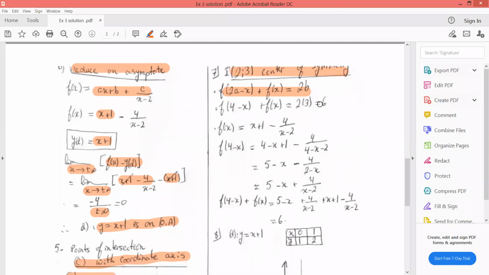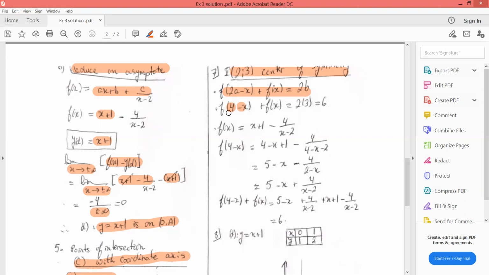Okay. f of 2a minus x. For I(2, 3), a is 2. If we put 2 times 2 instead of 2a, we get 4 minus x, plus f(x) equal to 2b. b is 3, so 2b equals 6.